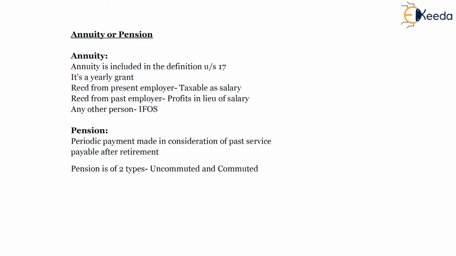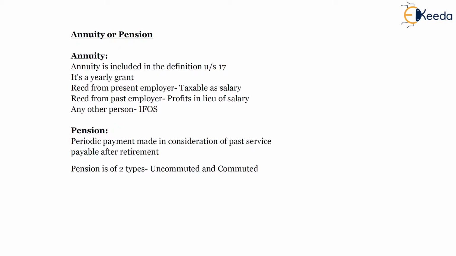If gratuity is not received, then 1/2 of the value of the pension, of the entire pension, will be exempt. Right friends? We will cover the exemption part of clause 10A in detail in subsequent slides.